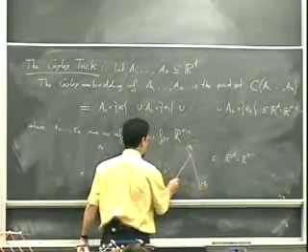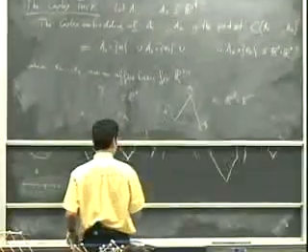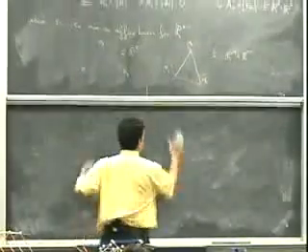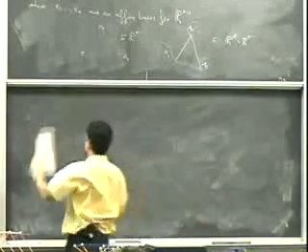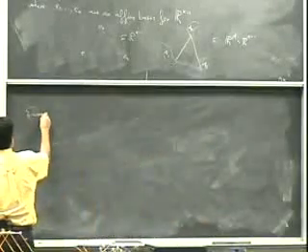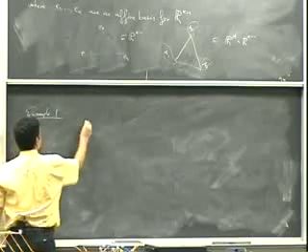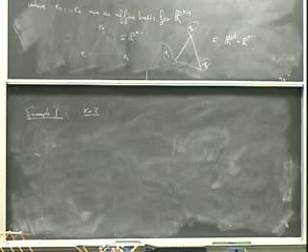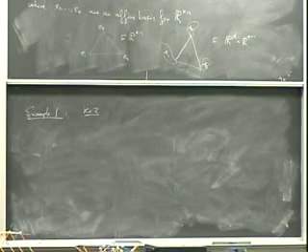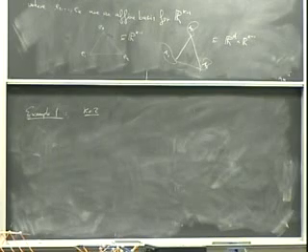Two examples. What if k equals 2? If k equals 2, what you have is your point set A1 in a hyperplane and your point set A2 in a parallel hyperplane.